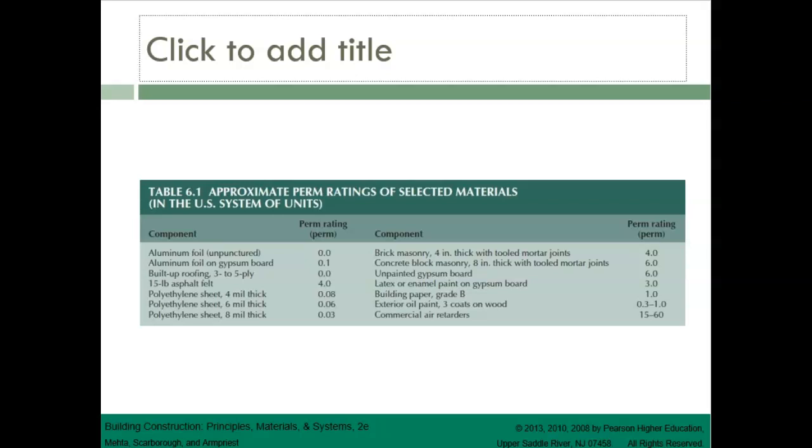Table 6.1 gives us a list of commonly used building materials that are found in most building assemblies. What we're interested in here is the perm rating of these different types of materials. So for most vapor barriers in this area, we typically use 6 mil thick sheet of polyethylene. The perm rating on that is 0.06.